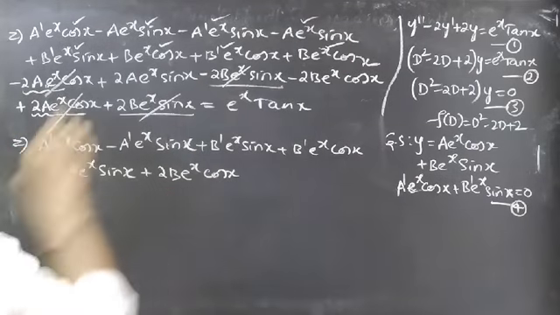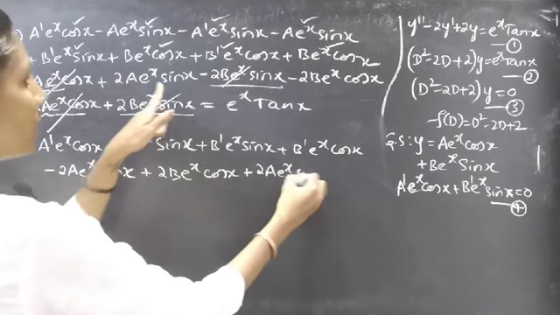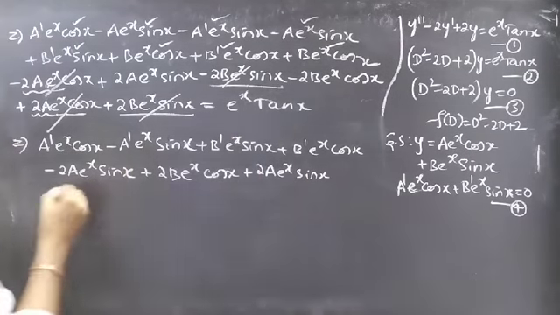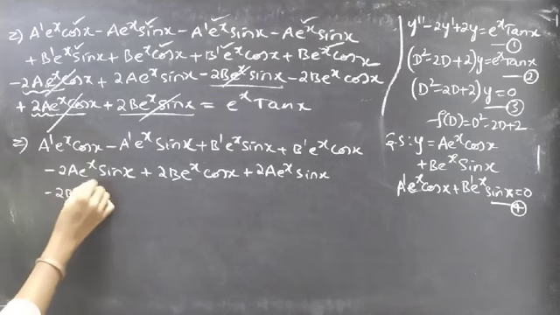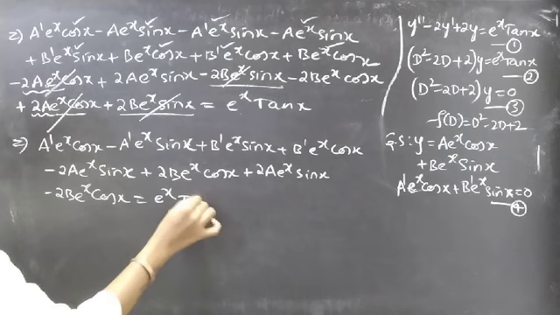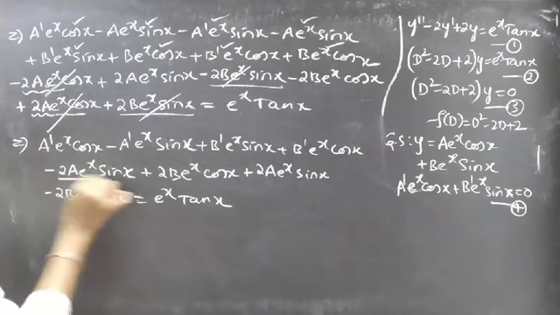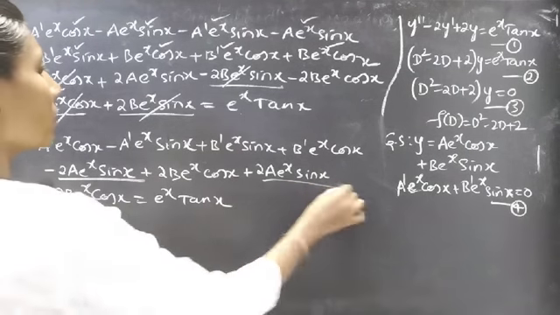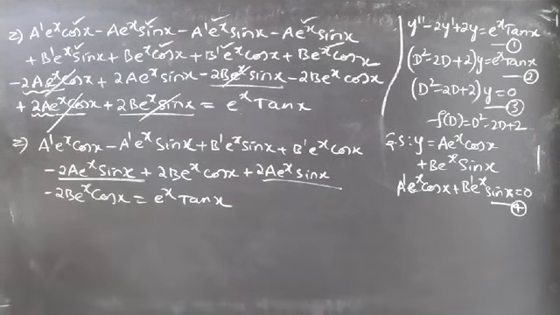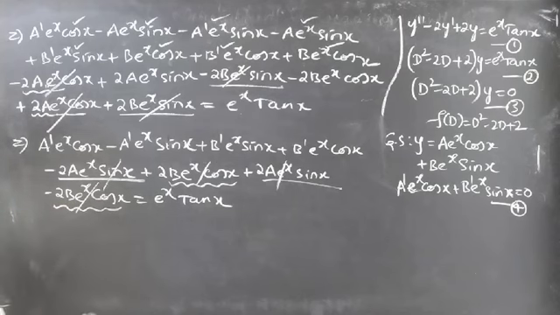And write these two terms: plus 2a e power x sin x minus 2b e power x cos x equal to e power x tan x. So here minus 2a e power x sin x plus 2a e power x sin x gets cancelled, and plus 2b e power x cos x minus 2b e power x cos x gets cancelled, right?